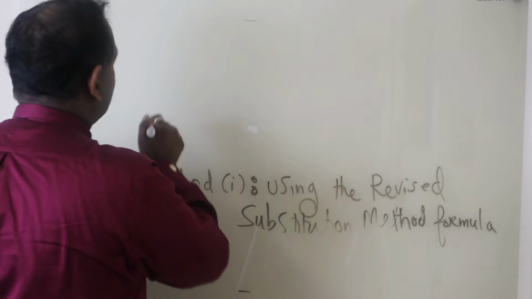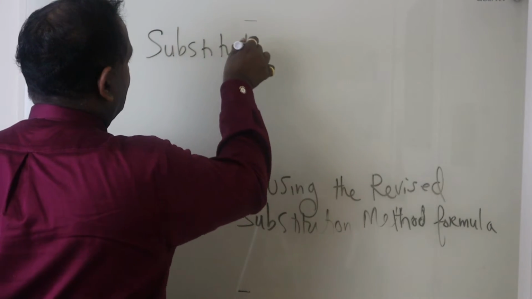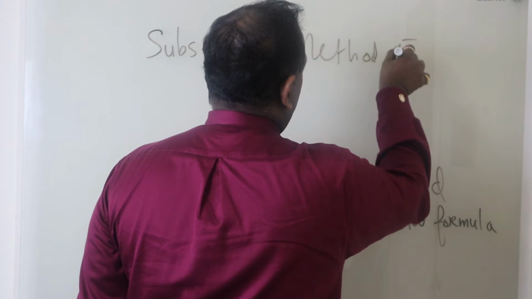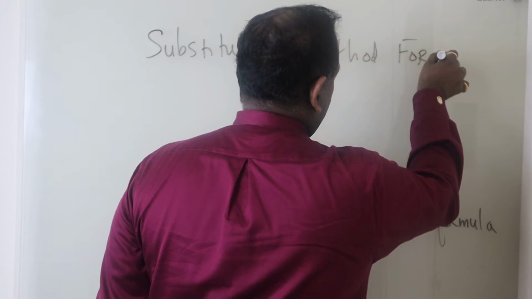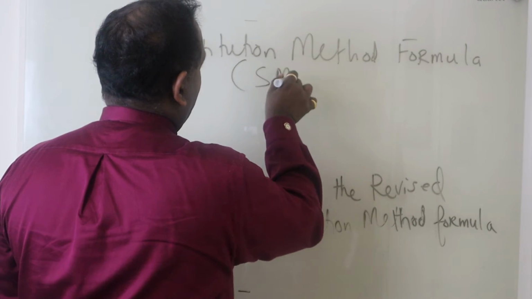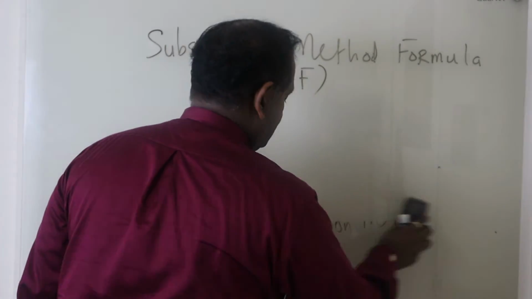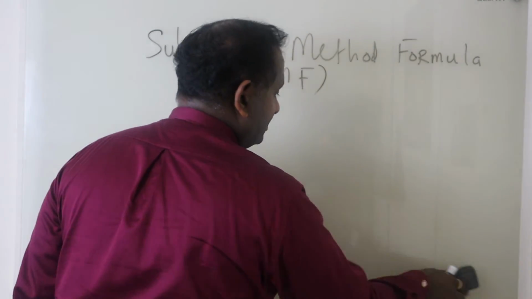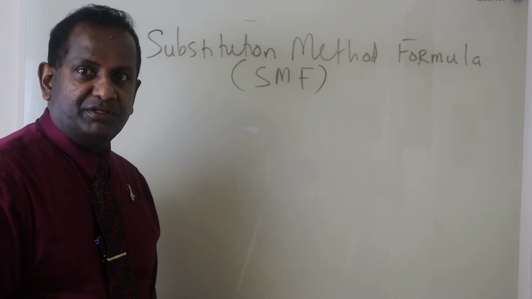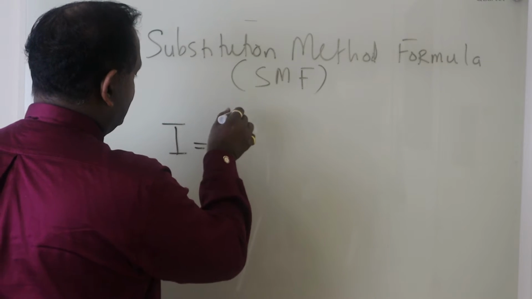First look at the substitution method formula, which is abbreviated as SMF. That's nothing but the integral of the composite function. Let's say this is the most general formula.